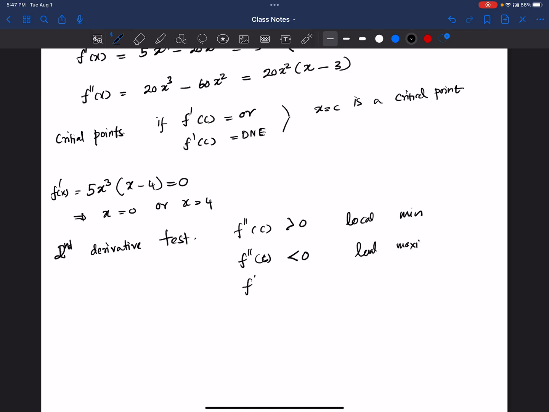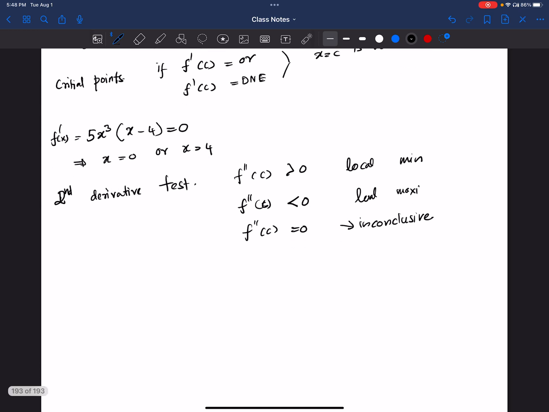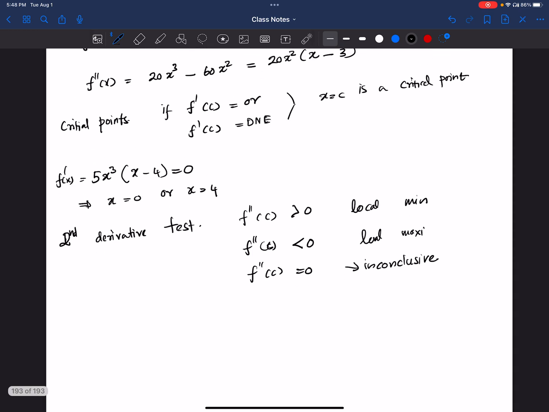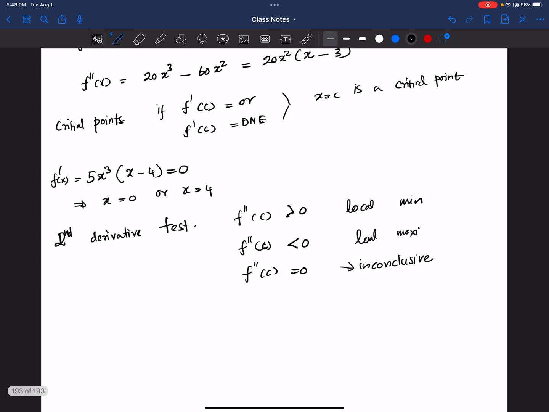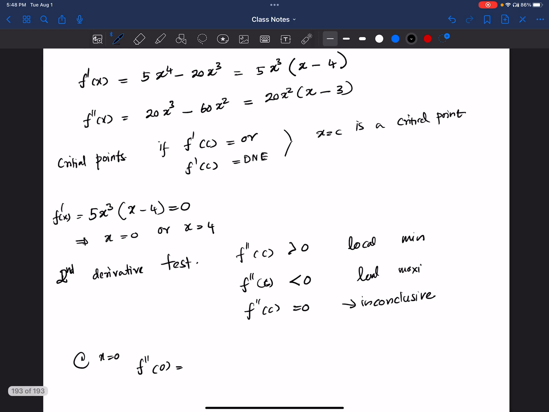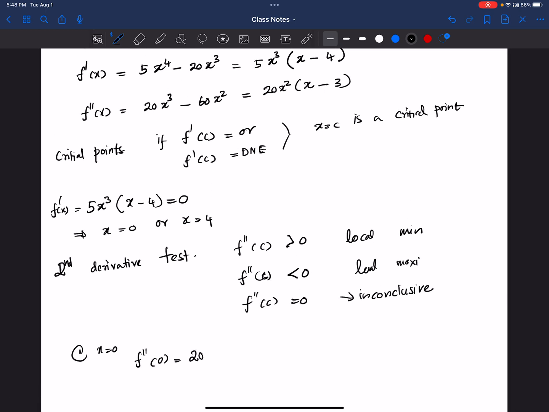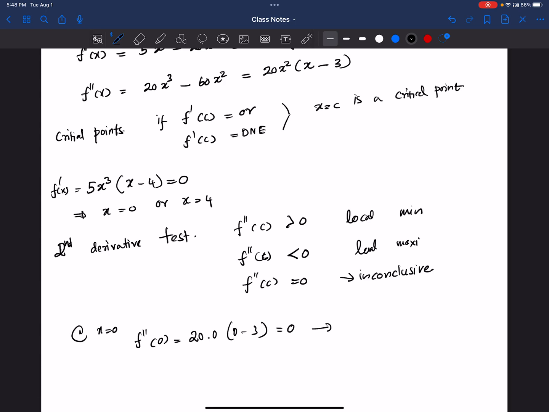If f double prime of c equals 0, inconclusive test. So let's test those two critical points. At x equals 0, f double prime of 0 equals 20 times 0 squared times (0 minus 3), which is 0. So in this case it is inconclusive.